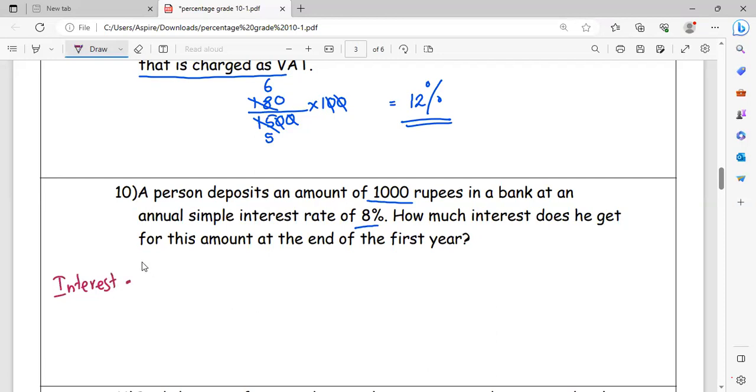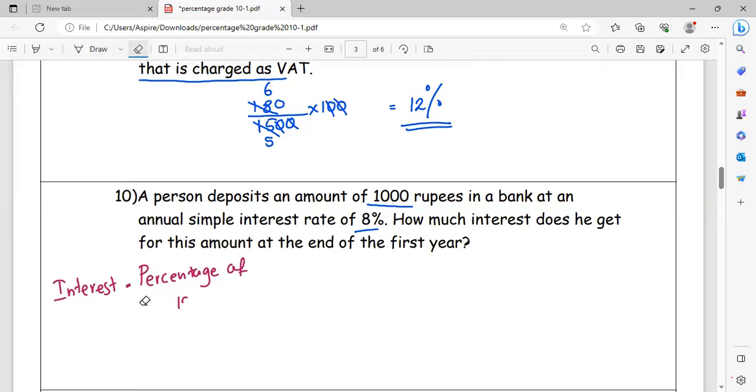Interest is equal to the percentage of the deposited amount. In the previous case it was the loan amount; now we have to write the deposited amount.